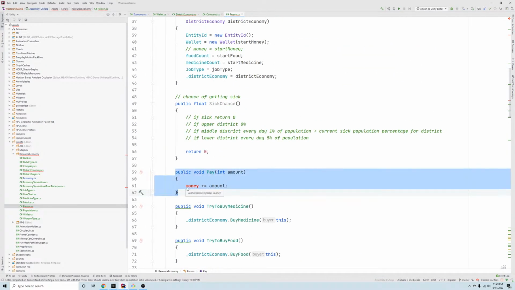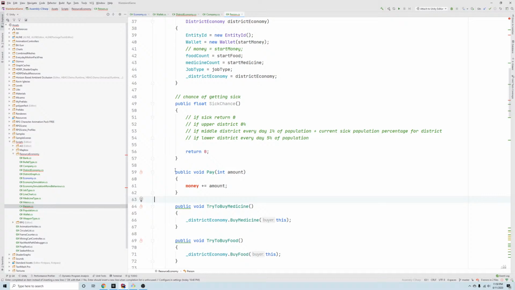And this method is no longer going to work. So I'm breaking this interface.